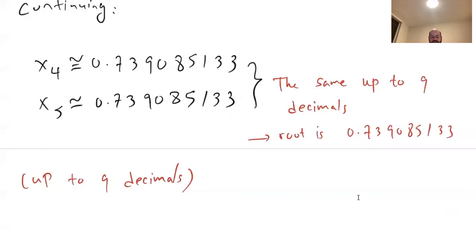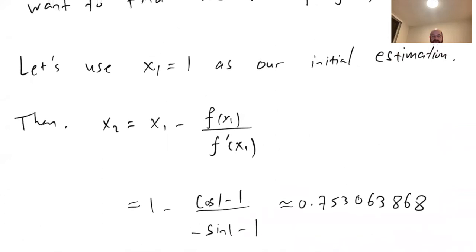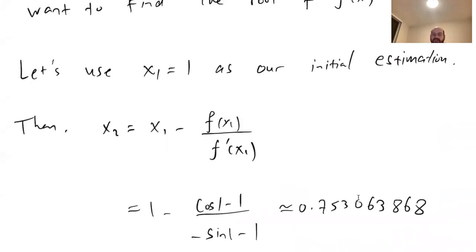Okay, so I want you to notice that this method is much faster and more efficient than using IVT for estimating the roots. If you remember, for IVT we could also estimate the roots, but we had to consider half of the interval. If you call the midpoint C, then you have to check whether f of C times f of A is negative, or f of C times f of B is negative.